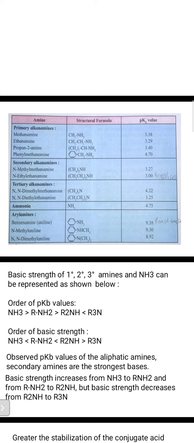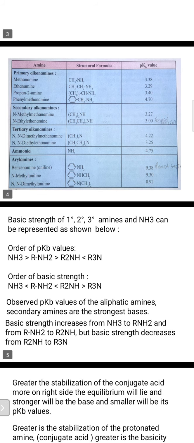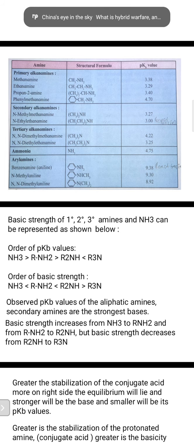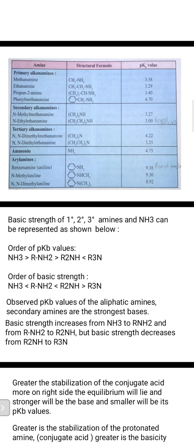About the basic strength, normally for the basic strength of amines we primarily learn the role of nitrogen in that compound. You know the types of amines are three types: primary, secondary, and tertiary, and the basic origin is from ammonia. Their order of pKb value can be represented from the above table.